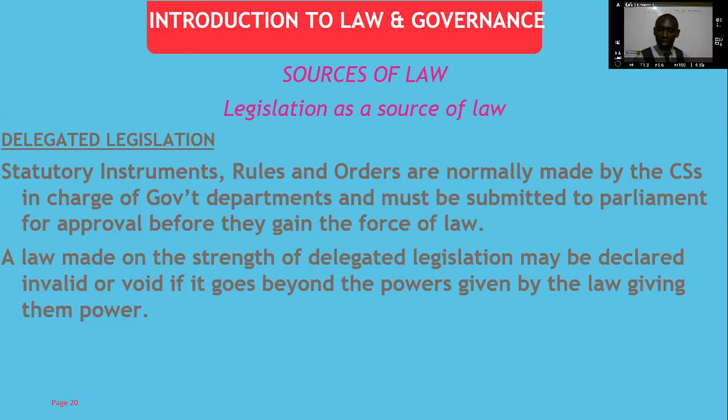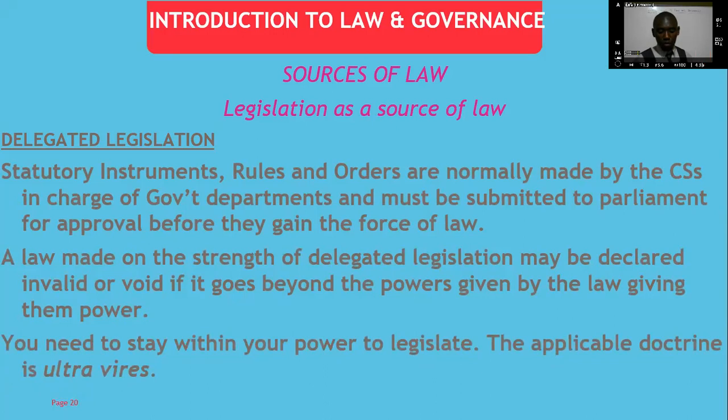So if you're told to legislate on wild animals, you need to legislate on wild animals. You need to read the text clearly and legislate on the specific area that you've been given power to do so. So you need to legislate within your power to legislate.